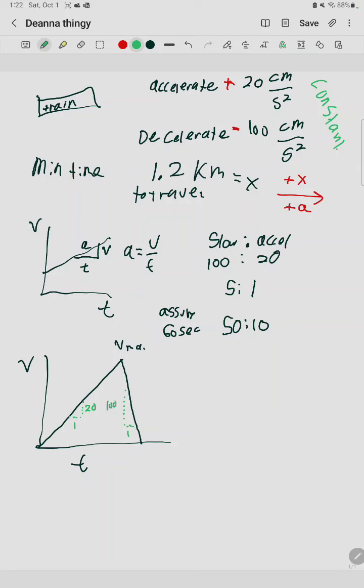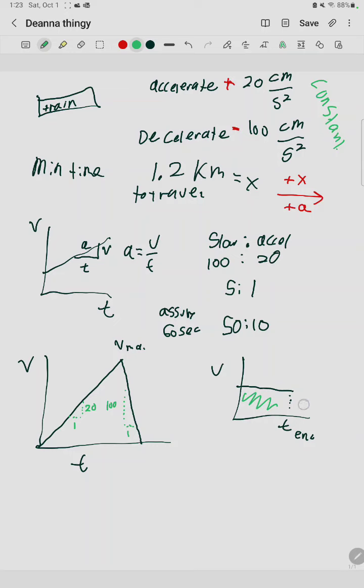And then this comes from calculus, but the area under a graph is the same as the integral, I believe. So if you just had constant velocity and then you stopped here, then the area under the graph would be the constant velocity times your time.